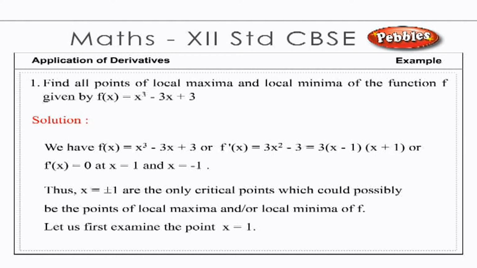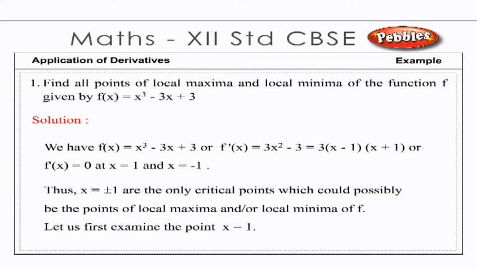We have f of x is equal to x cube minus 3x plus 3, or f dash of x is equal to 3x square minus 3, which is equal to 3 into (x minus 1) into (x plus 1), or f dash of x is equal to 0 at x is equal to 1 and x is equal to minus 1. Thus, x is equal to plus or minus 1 are the only critical points which could possibly be the points of local maxima or local minima of f.